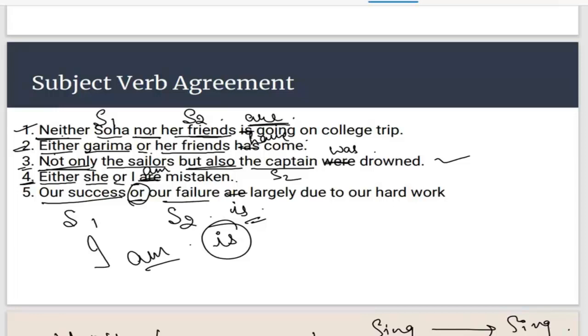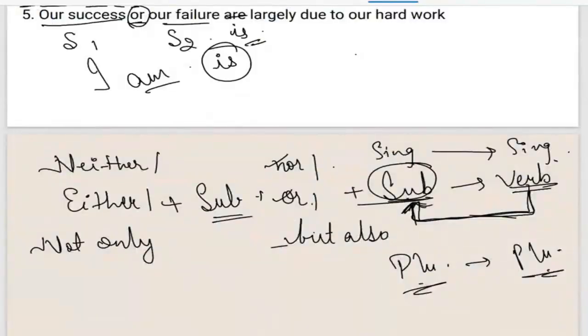Please repeat sentence 5. See, here either has not been used, but if or nor is used individually also, without neither or either, if or nor is used in a sentence, then also we follow this rule only. Then also the verb is used according to the second subject only.